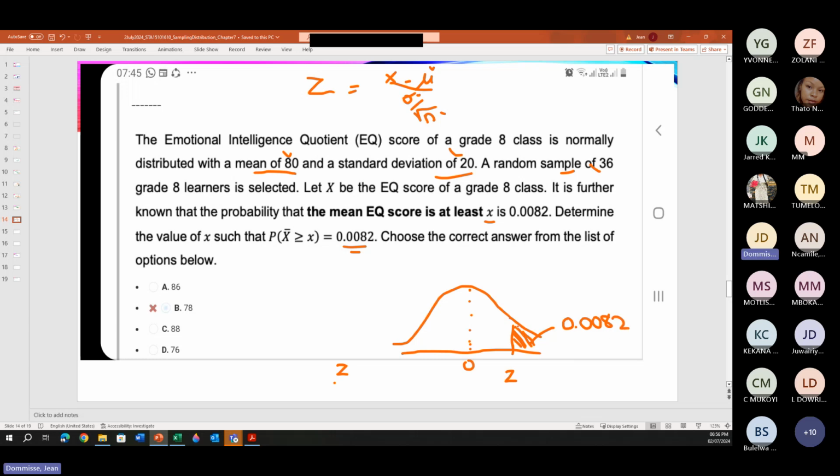So that is what we get. So we first need to work out the z with that. So let's write down this formula so that we see where we need to go with this.